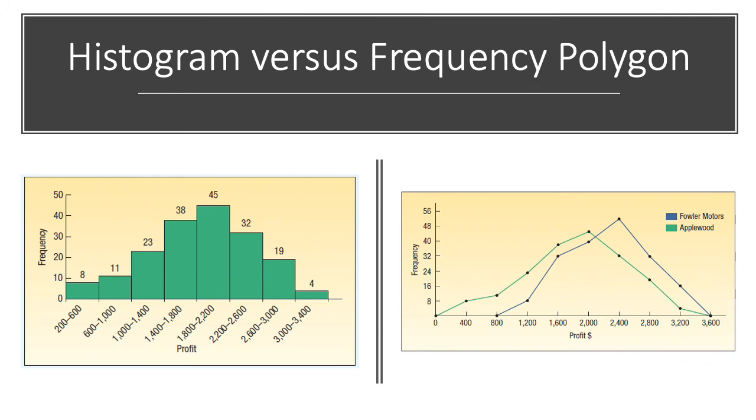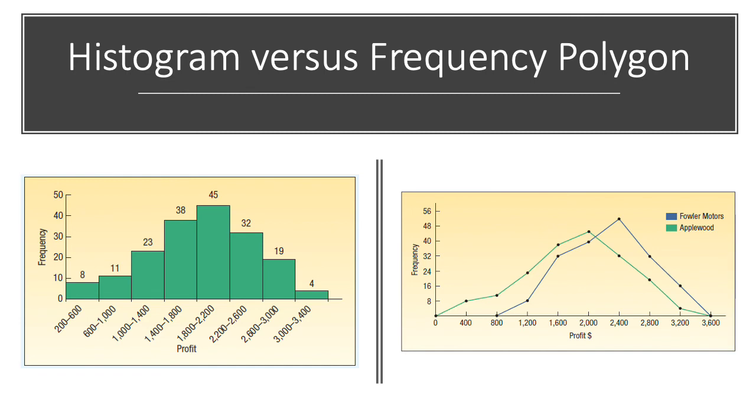A few things we can say straight off the bat is, first of all, Fowler Motors tends to have a much more closely clustered data set, because notice the range is from 1800 to 3600, whereas our Applewood was basically 0 to 3600, or 294 to 3292.